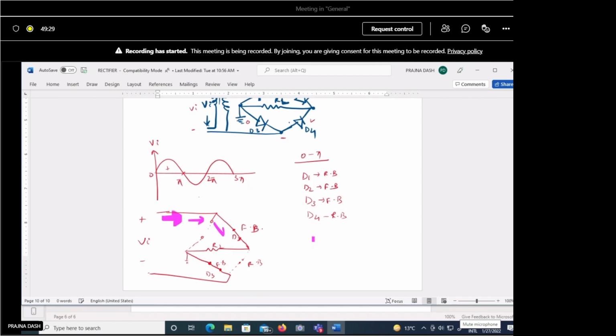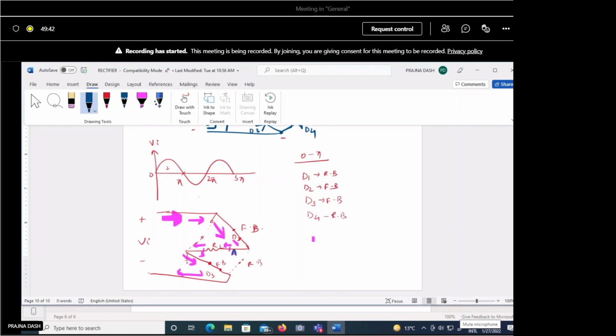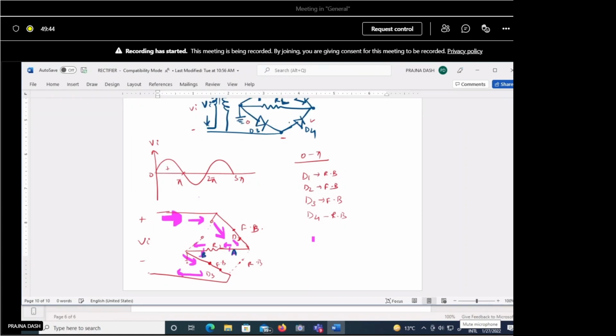Across the RL, the direction of current is from this point to this point, let's say this is point A and this is point B. From A to B the current is flowing. Accordingly the voltage across the load will be plus minus V naught. Tell me what will be the value of V naught if you apply Kirchhoff's voltage law here.